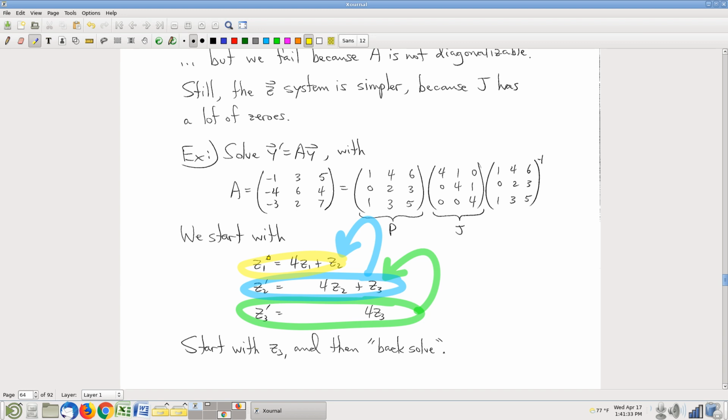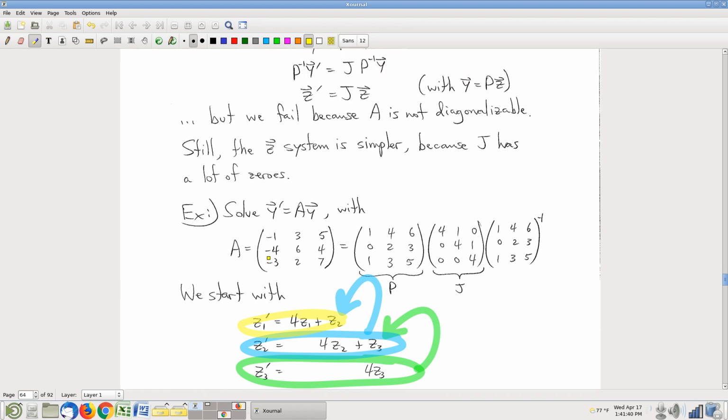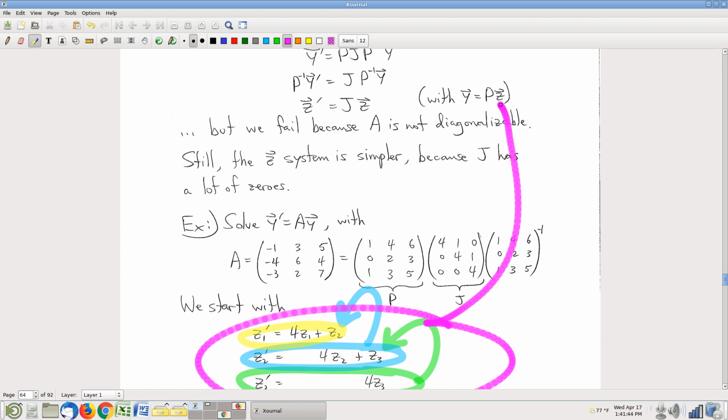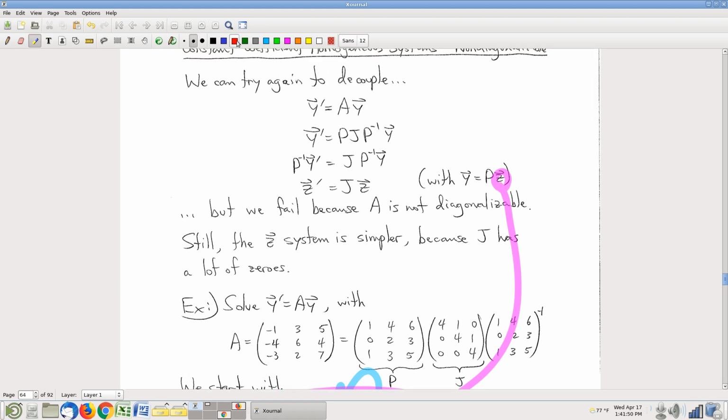And then it's just a matter of assembling things and writing them in different form. And of course, don't forget that this only gives you the z's. All of this down here tells you the z's. And to solve for the y that you actually wanted in the first place, y is Pz.